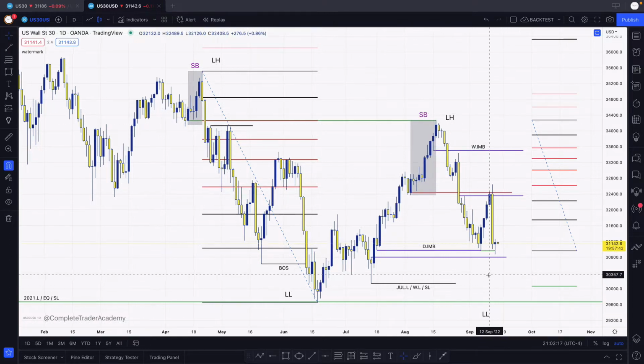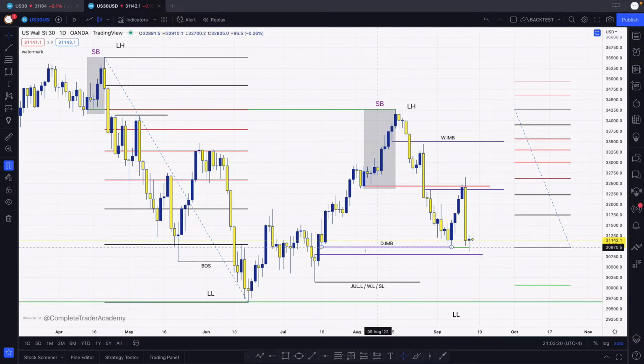So if that's the case, we had these lines drawn even before the market came back up here. So we knew that price is going to rebalance itself and fill in this inefficiency. So price came down, smacked the 31.